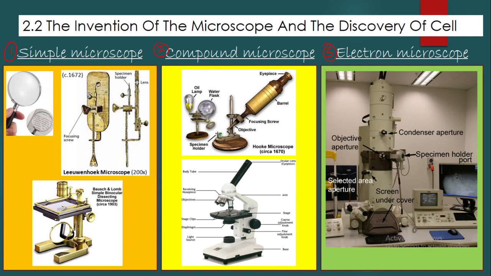And when we want to see something that is even smaller than a cell, we need something that gives much higher magnification. So we need something like an electron microscope. Because electrons are very small. How small is an electron?